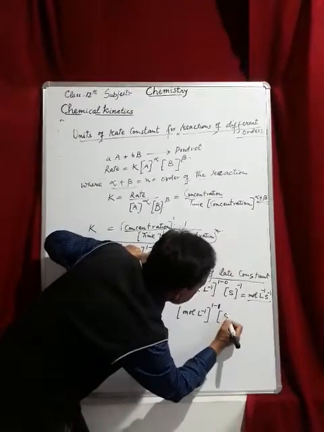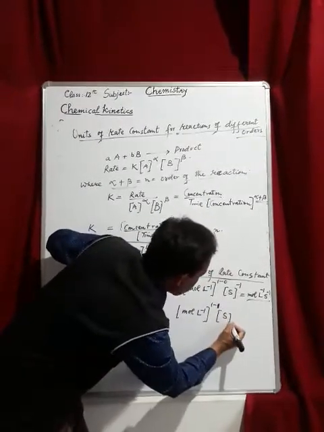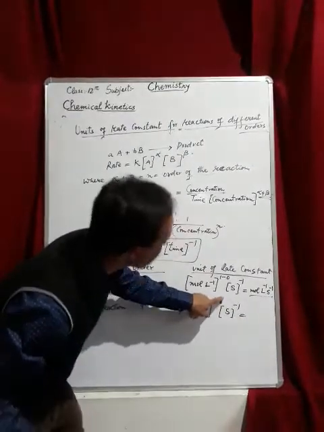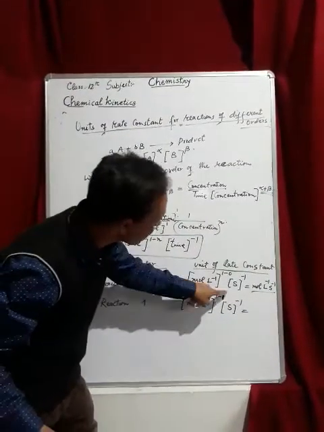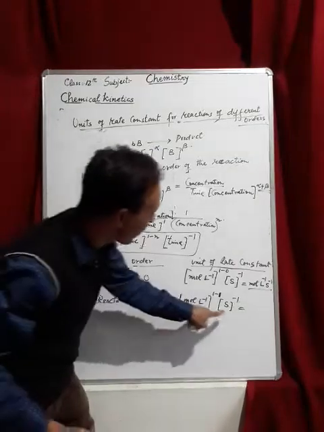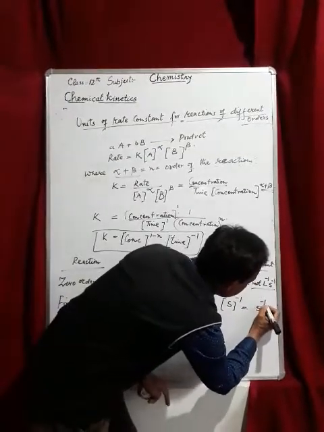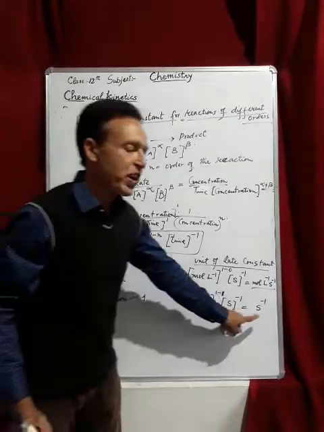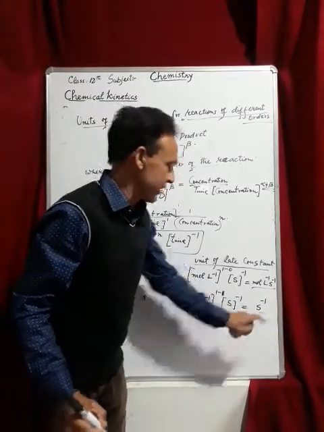Time का unit है second, raised power minus 1. Anything raised power 0 is 1. This whole becomes 1. So this is per second. The unit of the first order reaction is always per second.